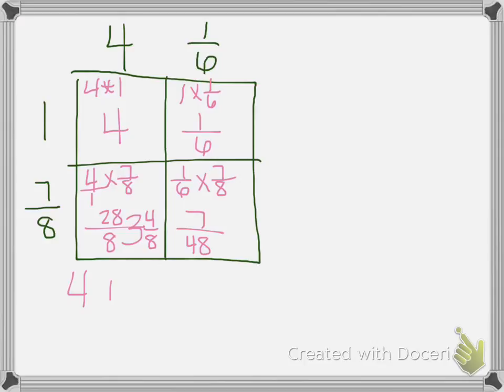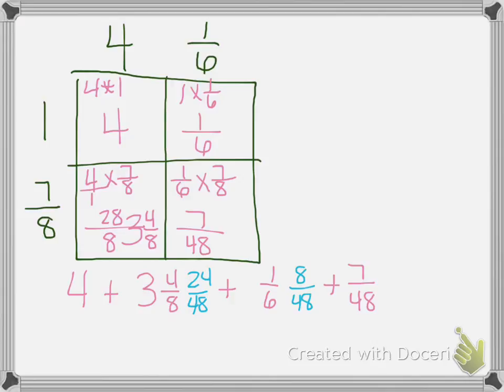So we have 4 plus 3 4/8 plus 1/6 plus 7/48. So I'm going to change them all into 48s. So 8 times 6 is 48. 4 times 6 is 24. 6 times 8 is 48. 8 times 1 is 8.